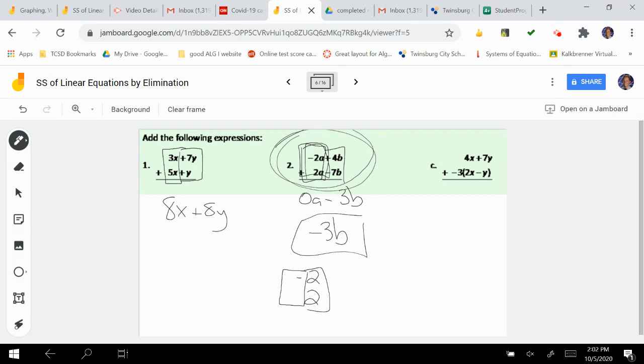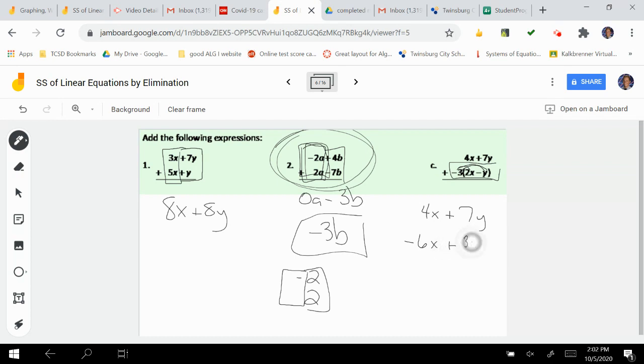If you look at C, it looks a little funny. Some of us would get intimidated by this. What do parentheses mean? It means distribute. So I'm just going to recopy the top, and now I'm going to distribute. Take negative 3 times 2, which is negative 6, and x is tagging along. What is negative 3 times negative 1y?